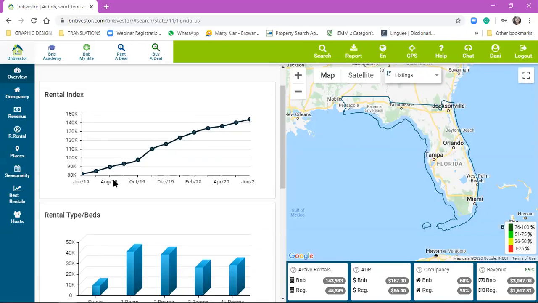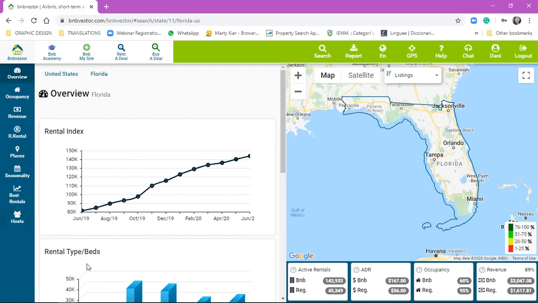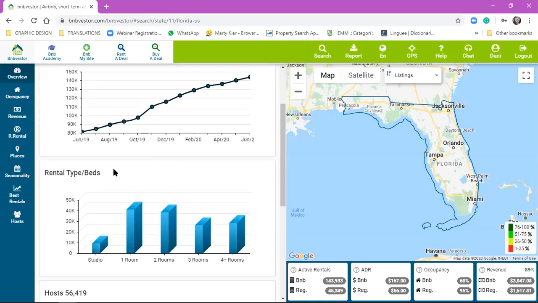Okay, so going back to the left area of the website, we have rental types and beds. Over here, you're going to see which properties and rooms have more demand in the state of Florida.